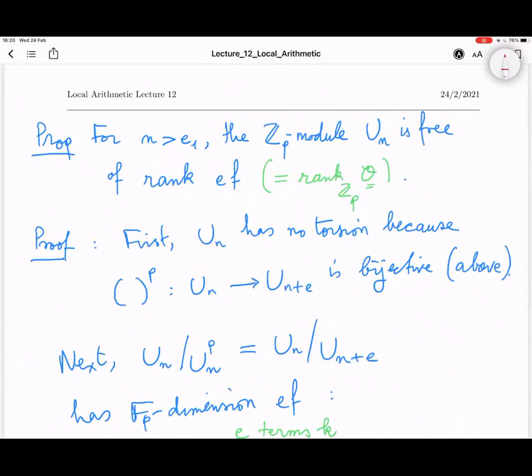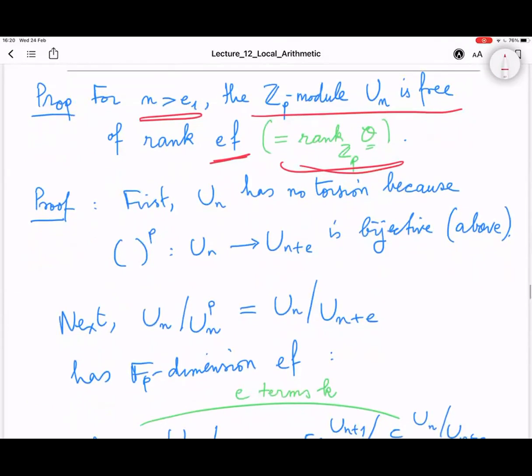So here is the next important thing. For each n strictly greater than e_1, the Z_p module U_n is free of rank ef. Remember, this ef was equal to the rank of the additive group O as a Z_p module. First I prove that U_n has no torsion, because if it has torsion, it can only have p-torsion.